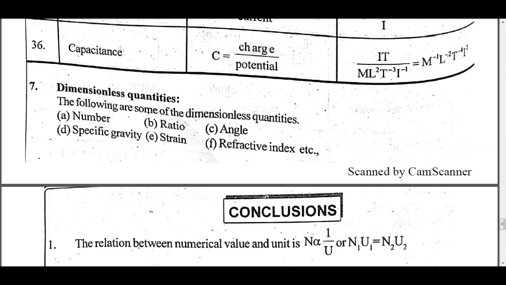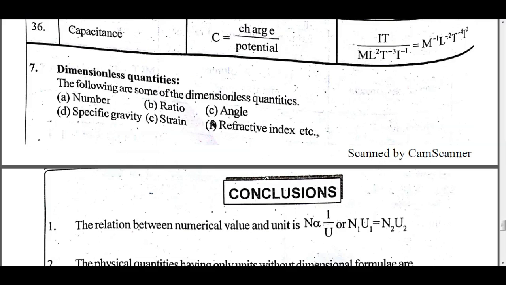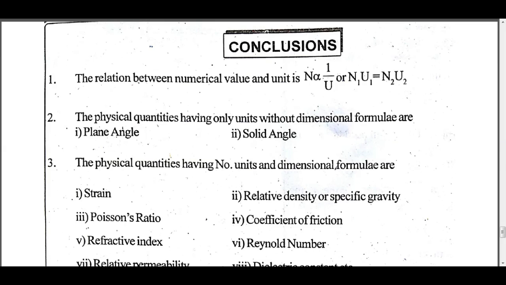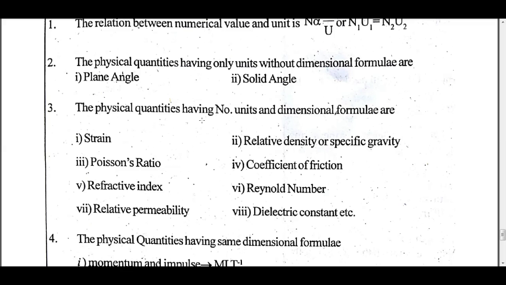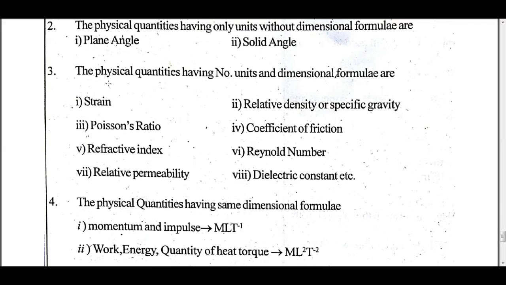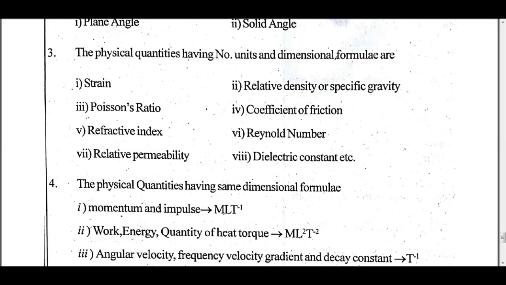And numbers and specific gravities, strain and refractive index don't have dimensional formulas. And some conclusions of these units and dimensions here. The third one, physical quantities that have no units and also no dimensional formulas. Strain has no units and no dimensional formula.